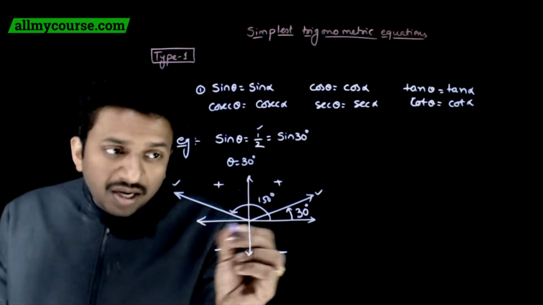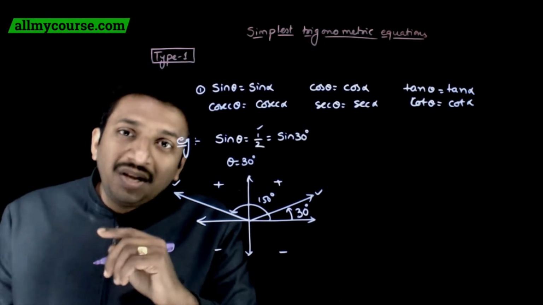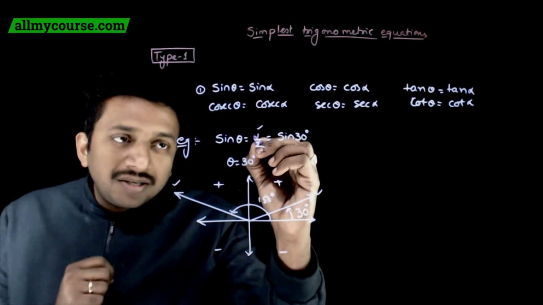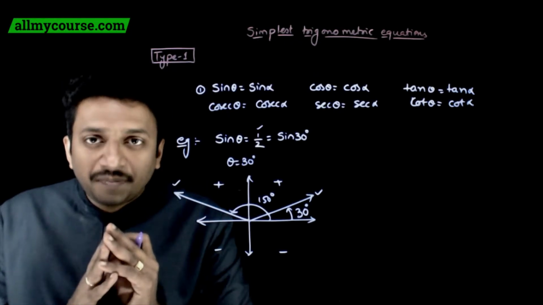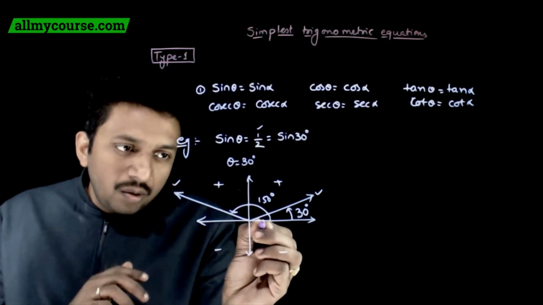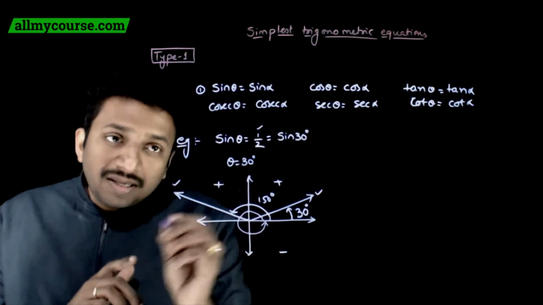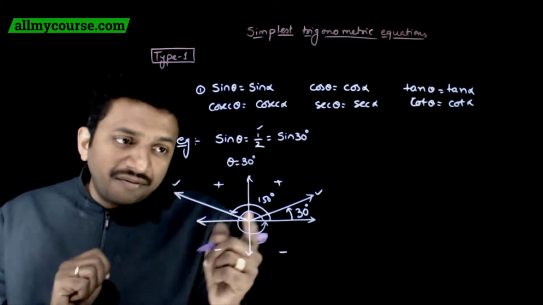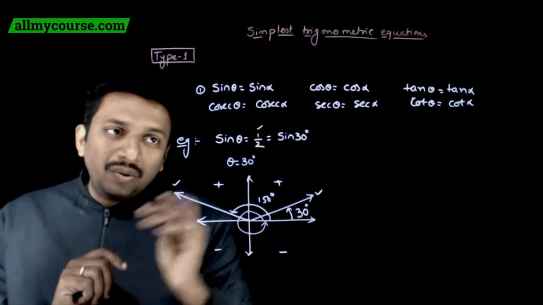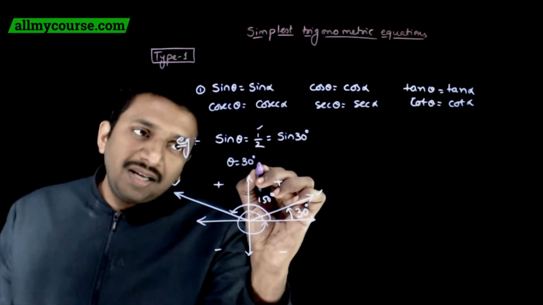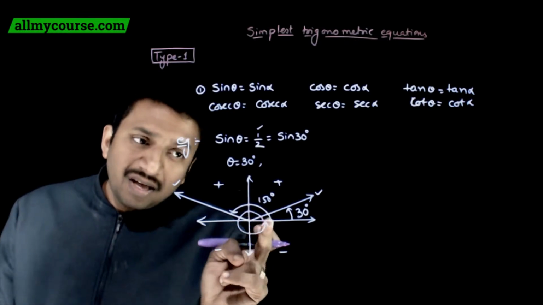For the positions in the third quadrant and fourth quadrant, sine theta will be equal to minus half. I want sine theta is equal to plus half. So I'll take these two positions as my required positions. Within one complete rotation, sine theta becomes half at two different positions. So the answers are theta is equal to 30 degrees as well as 150 degrees.